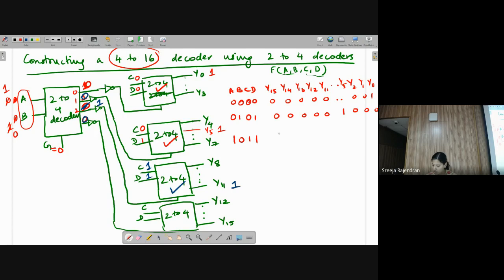So this way, one of the lines will be activated. The output of the first decoder is used basically to enable the rest of the decoders in the second stage. It does not provide us any output lines. Output lines all come from the second stage of decoders.